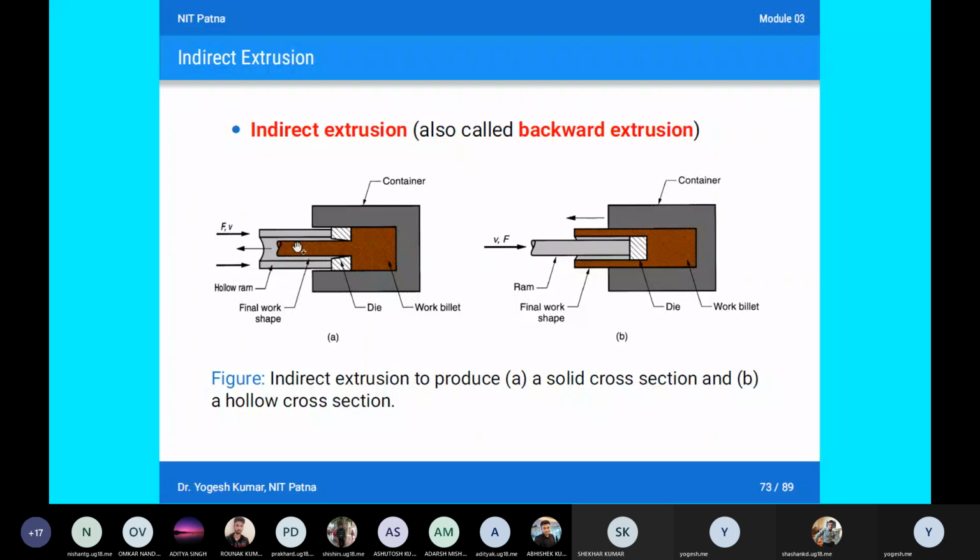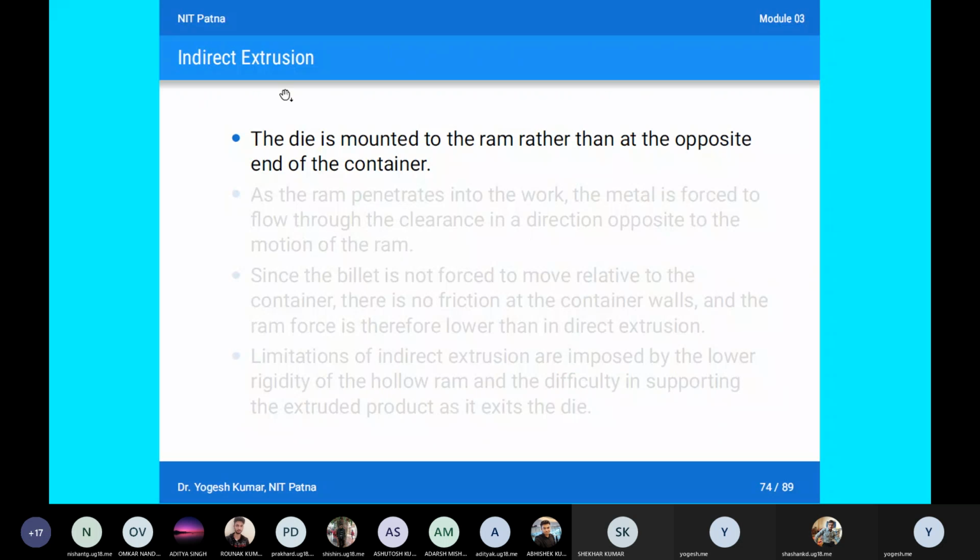Okay, so the same literature I have written in point form. In indirect extrusion, the die is mounted on the ram rather than at the opposite end of the container. In direct extrusion, we had a ram at one end and the die was mounted on the opposite end. But in indirect extrusion, it is mounted on the ram.